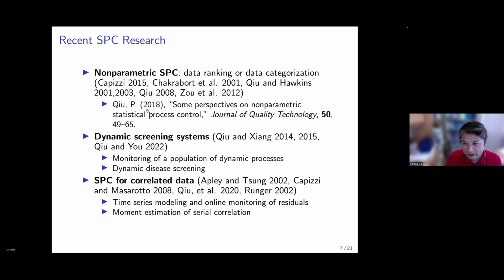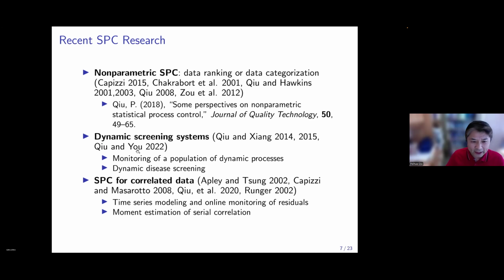This is an overview paper I published a couple of years ago. If you are interested in nonparametric SPC, you can read this paper or my book. So this area tries to get rid of the parametric distribution assumption.